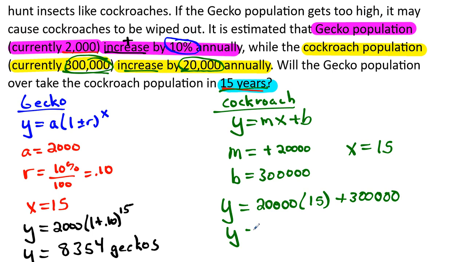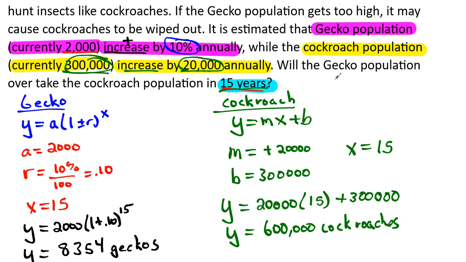Let's find out how many cockroaches there will be. So go ahead and use your calculator, evaluate this out, and make sure you're putting it in correctly, because you would hate to get the wrong answer on test day, which is Friday. We get 600,000 cockroaches.